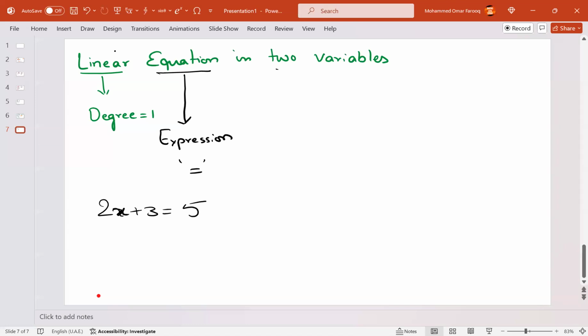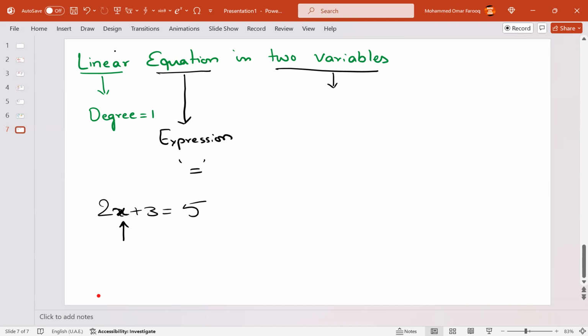Now, in two variables. Here we have only one variable, but we should have two variables. It can be a comma b, c comma d, m comma n, anything.